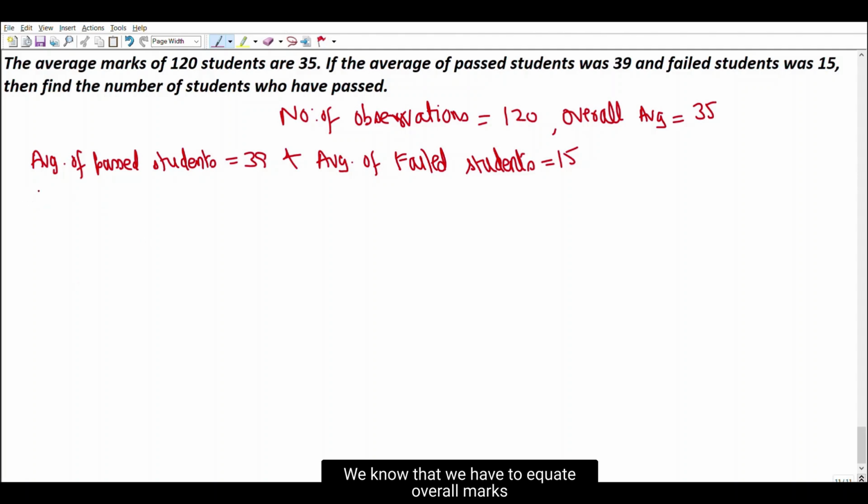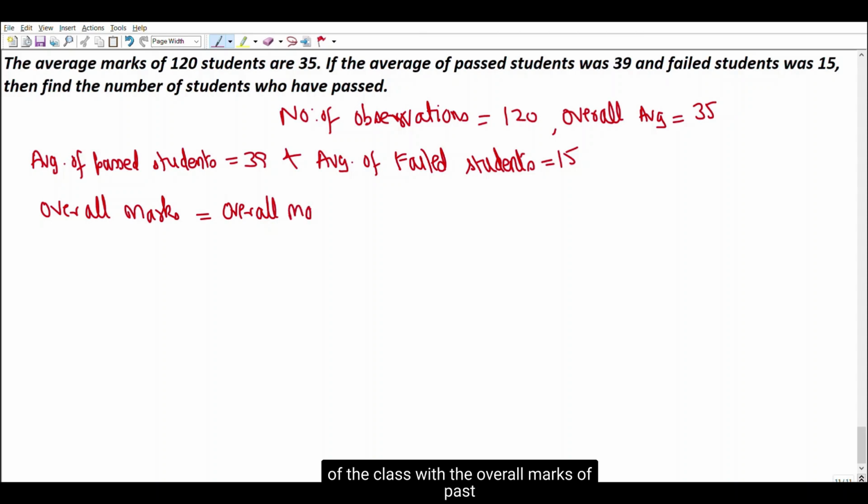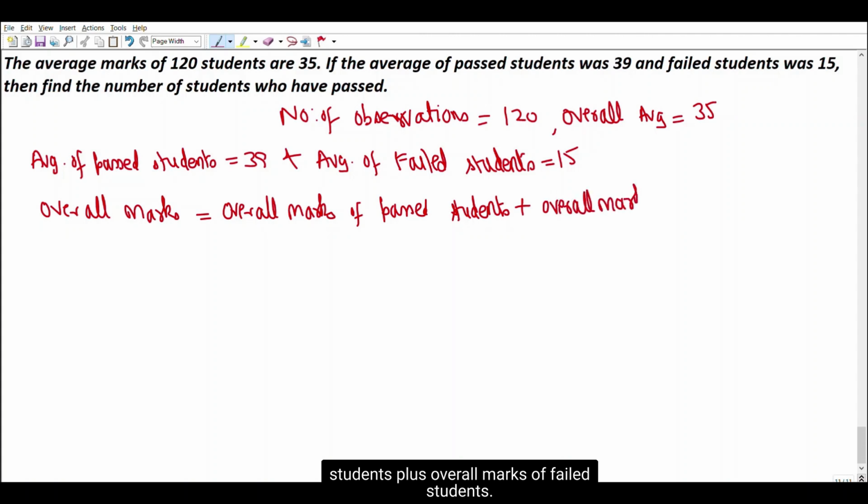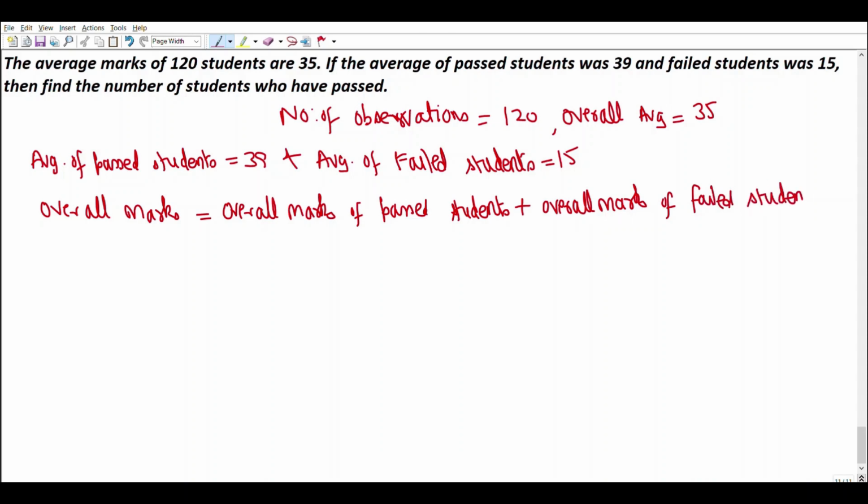We know that we have to equate overall marks of the class with the overall marks of passed students plus overall marks of failed students.